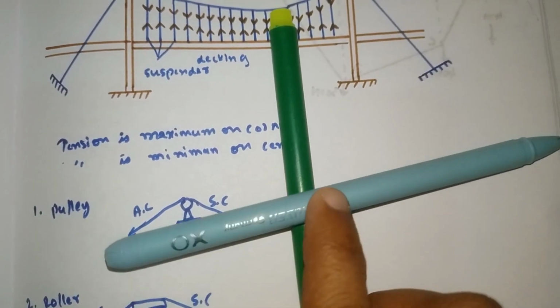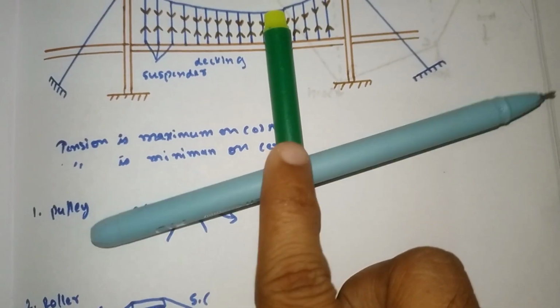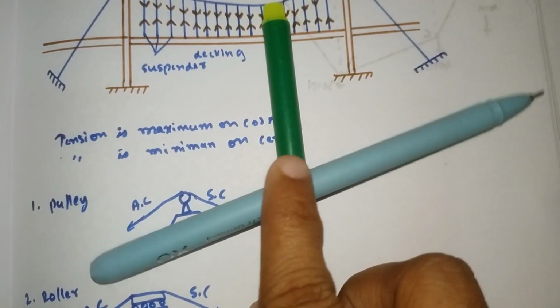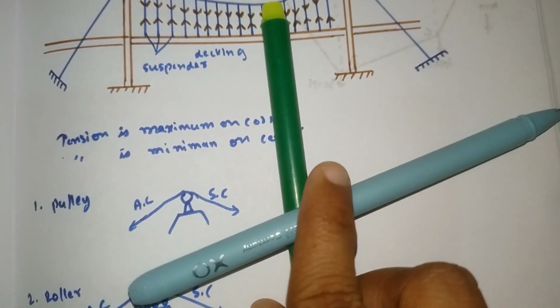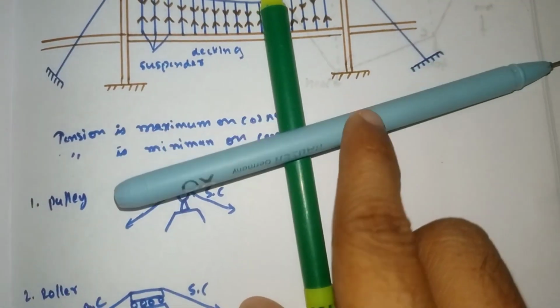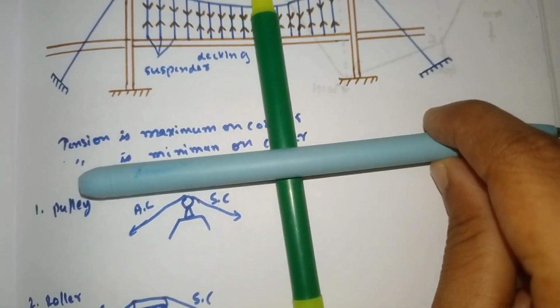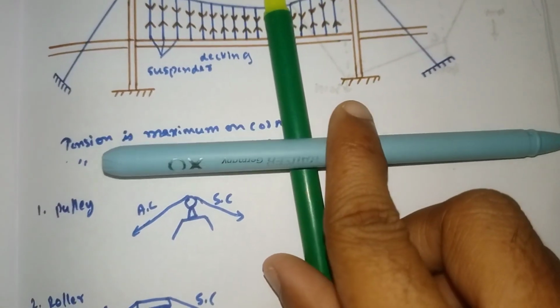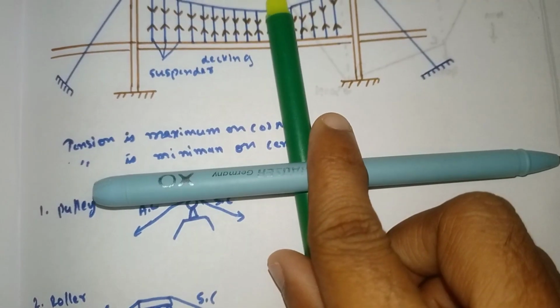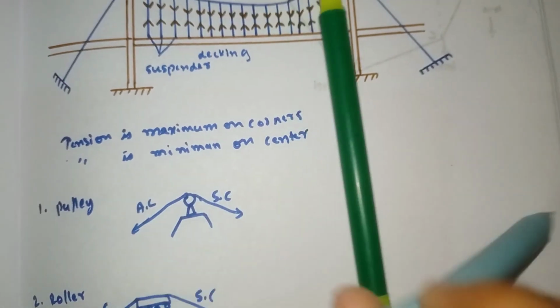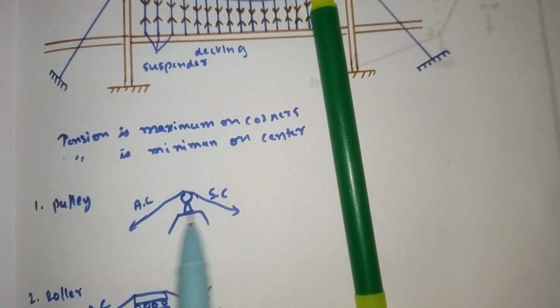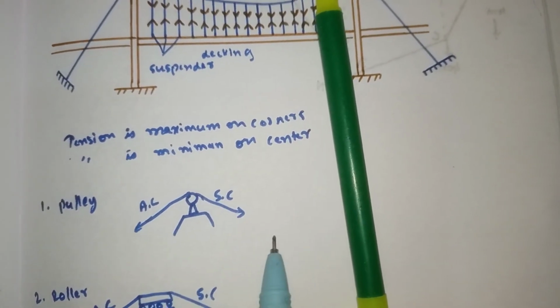Because of this, the generation of tension on both sides will be equal. It can move like this, but when it moves, our pulley doesn't move. So because of this, the generation of tension on both sides will be the same.